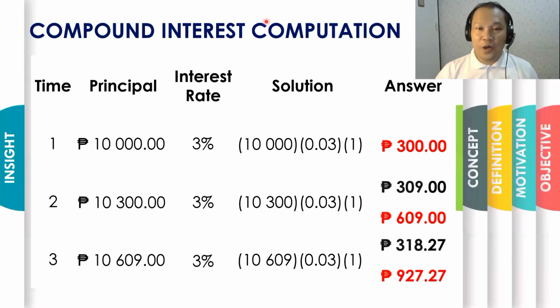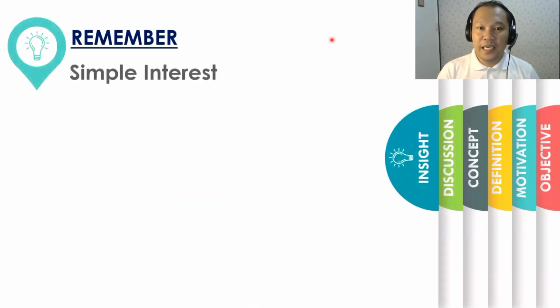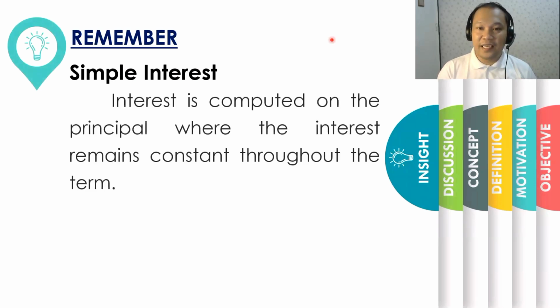I hope you are able to differentiate between simple and compound interest. And remember, when we talk about simple interest, it is an interest computed on the principal wherein the interest remains constant throughout the term.